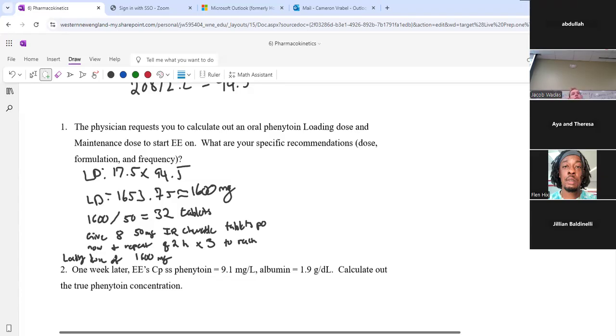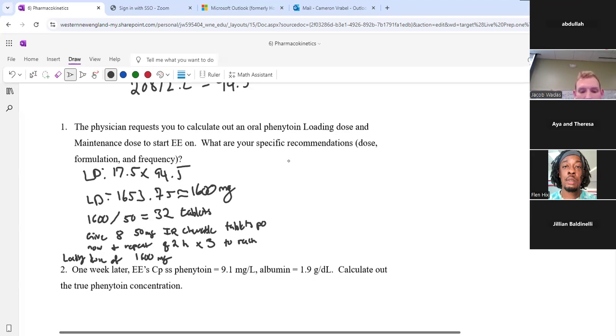I have a question. If we were to do the oral suspension, we can do that. Do you want to do the calculation? Since we know that we want to give 400 milligrams, the oral suspension is 125 milligrams per 5 mLs.